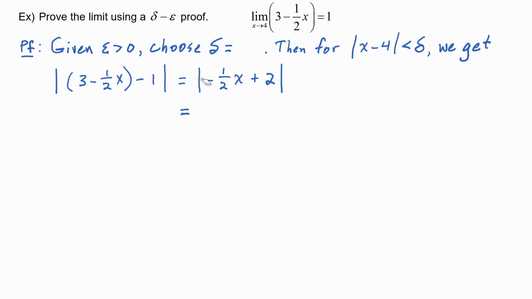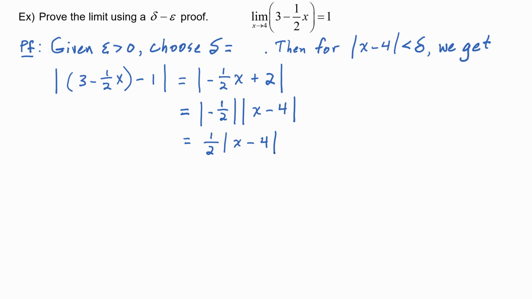We can factor out the coefficient of the x term, so absolute value of negative 1/2 times the absolute value of x minus 4. Always double check your factoring. Negative 1/2 times x is negative 1/2 x. Negative 1/2 times negative 4 is positive 2. We know that the absolute value of negative 1/2 is positive 1/2. We still have absolute value of x minus 4.